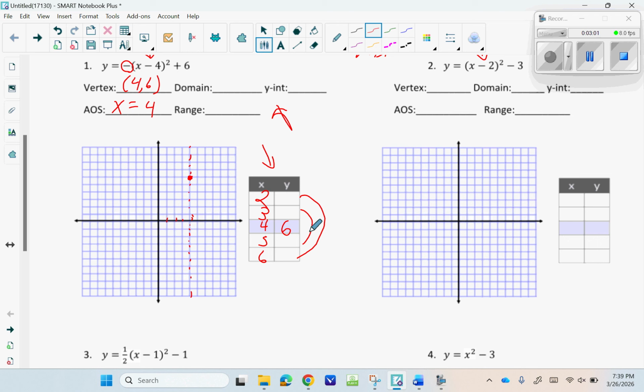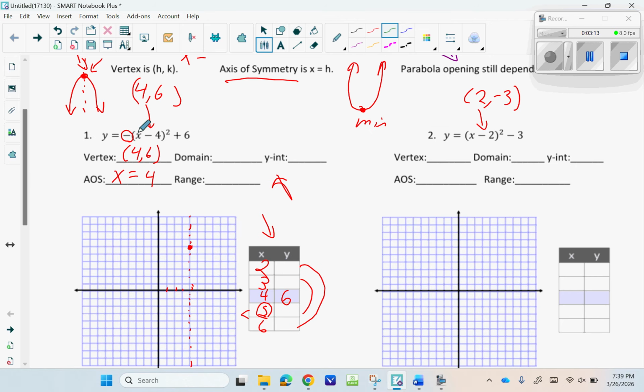What I like to do is start with something like, I'll plug in this one right here. I usually plug in these numbers down here. They're a little bit easier. Okay, if we plugged in, let's come back up here, if we plugged in a 5 right here, let's see, 5 minus 4 is 1. 1 squared is 1. And then we have negative 1 plus 6, which is 5.